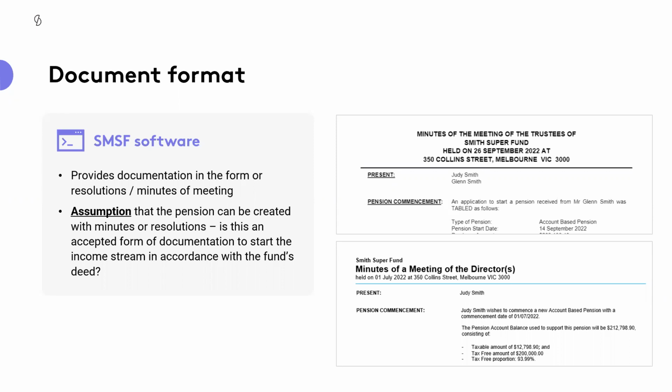So the first thing you need to ask yourself is whether that is an actual accepted form of documentation to start the income stream under the fund's deed. I know of providers in the marketplace today that require a formal agreement or a contract, so the resolutions available within your SMSF software will not satisfy that the pension has been effectively started. Again, the very first point is understanding the format in which your documents can and must be created.